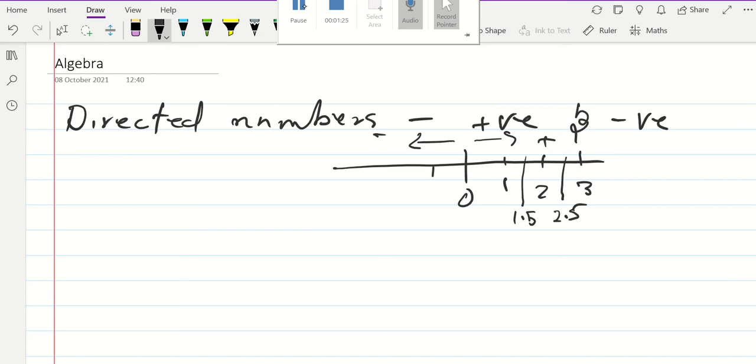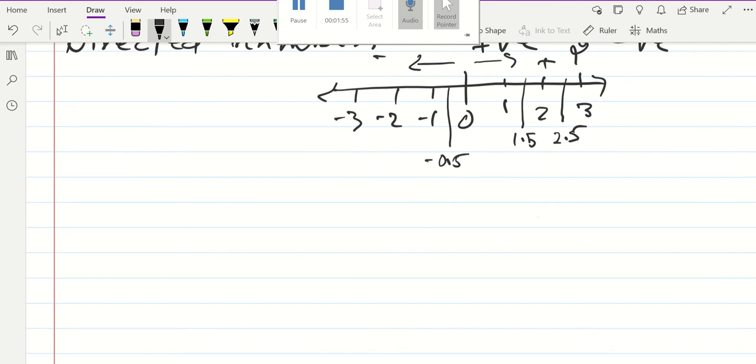So the first number, we could have -1, -2, -3. And these numbers keep on increasing until you reach infinity. So even on the negative scale, you still have some decimals. You can have a -0.5 here, or a 0.2 or 0.1, and anything even smaller than that. So these are our directed numbers.